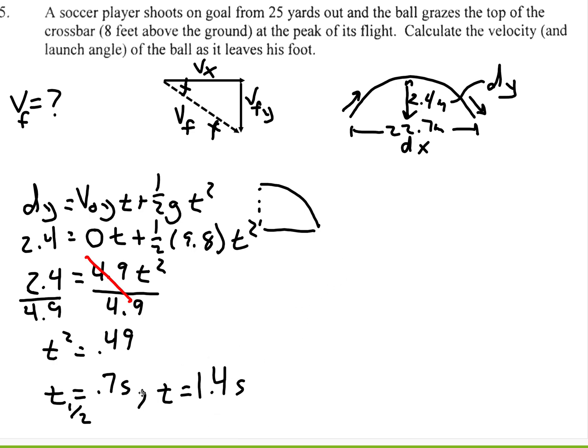Okay, so now we know time in air. Well, with time in air, I could find VFY and I can find VX. VFY, I can do without using any algebra because I know VFY is VOY plus gravity times time. And remember, because this is a ground-to-ground problem, we're going to use the half of the time.